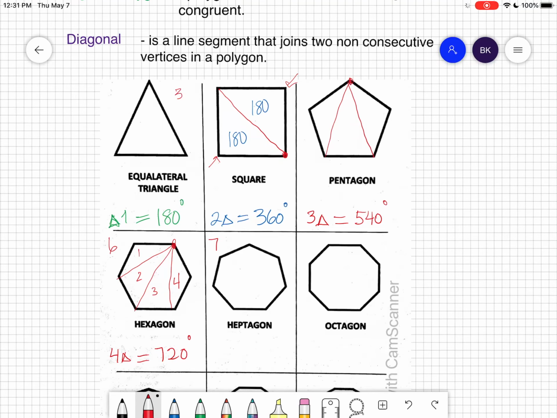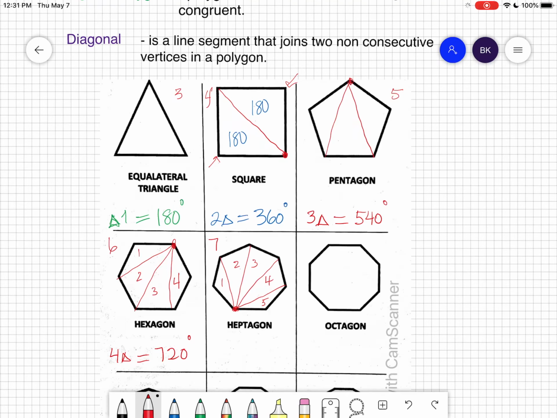Moving on to the heptagon, which has 7 sides. So 7 sides: this one is 3, this is 4, pentagon is 5, 6, 7. And again, choose any vertex. I'm going to choose different vertices each time. As you see, I'm splitting this into 1, 2, 3, 4, and 5 triangles.